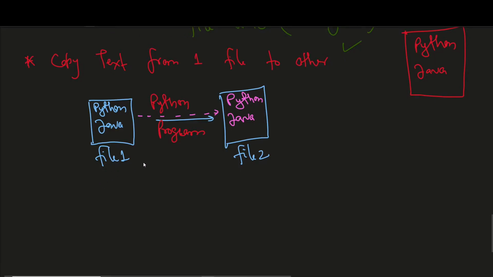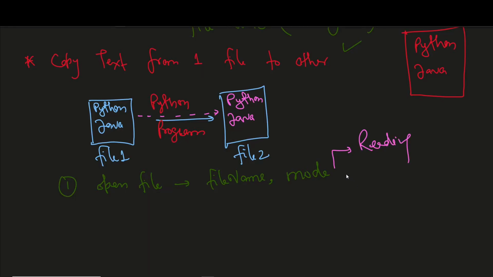So how can you tackle this problem? Let's understand it step by step. First is to open the file. What you have to give is the file name, which is not a big problem, but then there is a mode, and as you know, the mode is basically reading and writing.